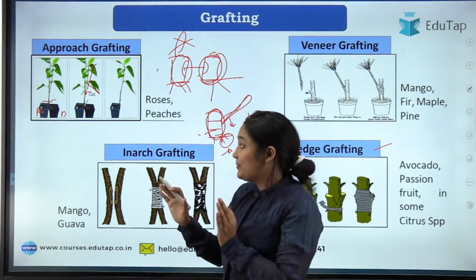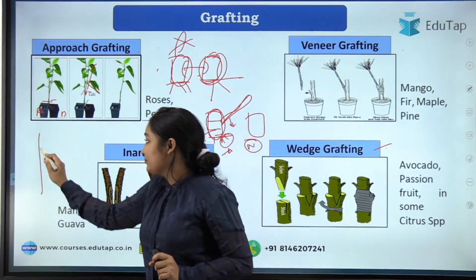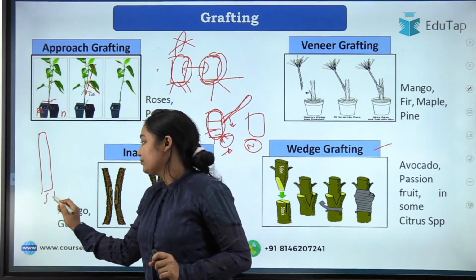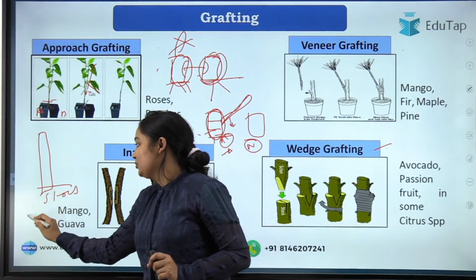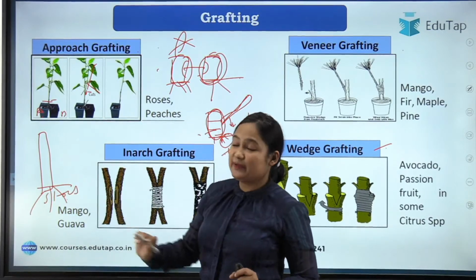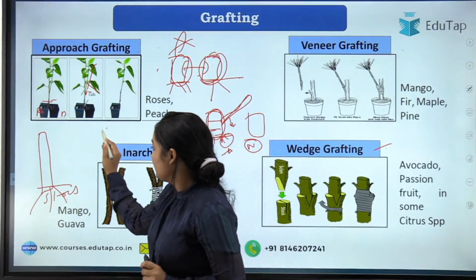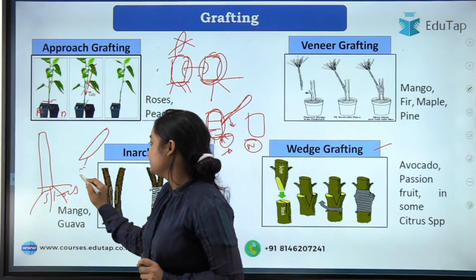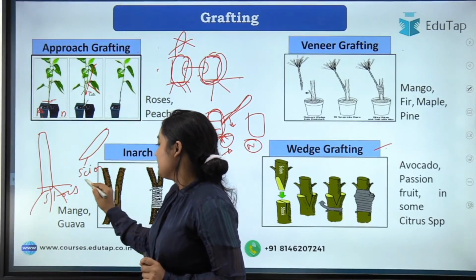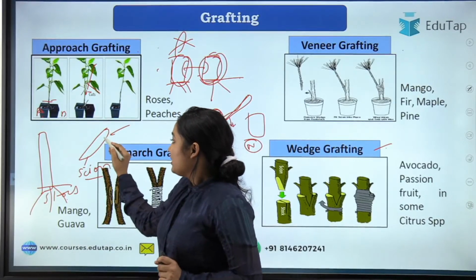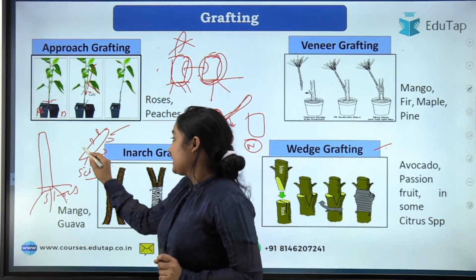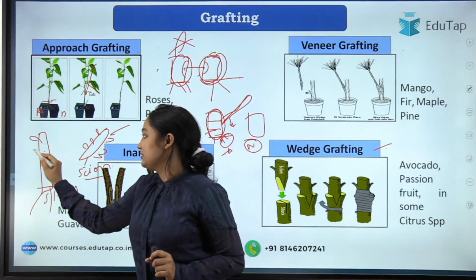Again what is happening, to summarize it completely, see this part will be known as stalk and it will have root. Okay, this part will be stalk. Then what we are doing, we are introducing a scion there. Okay, a scion we are picking. This will have leaf again or may not have leaf. This we will discuss.